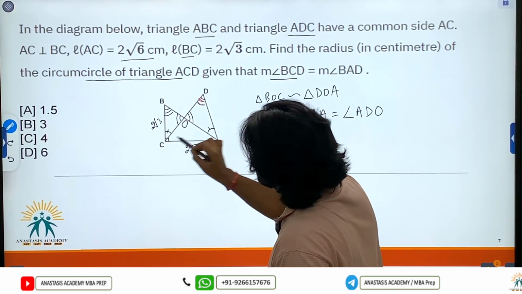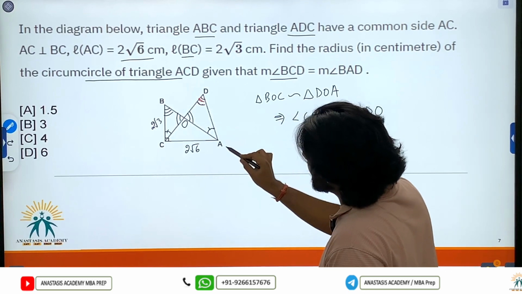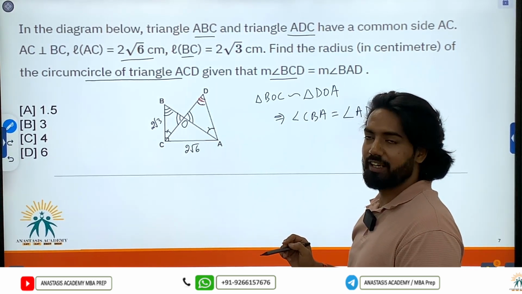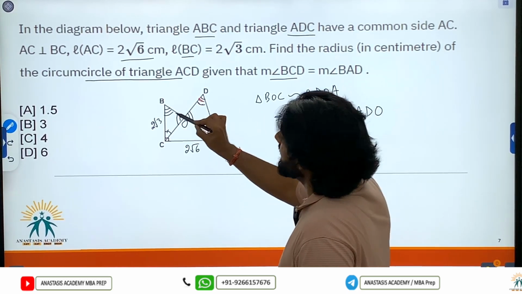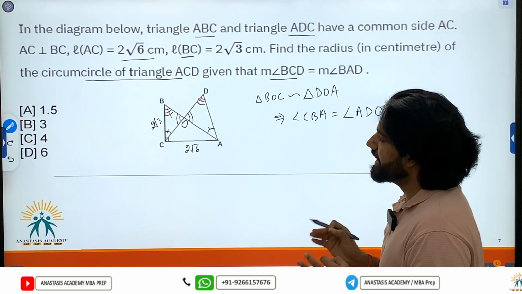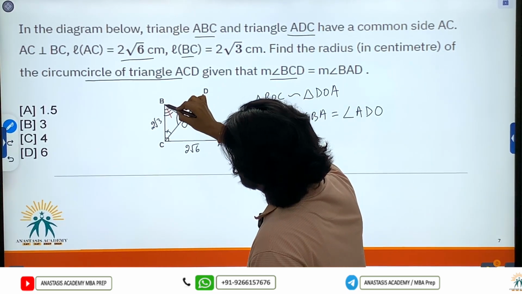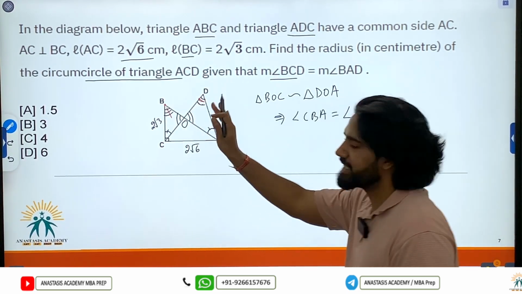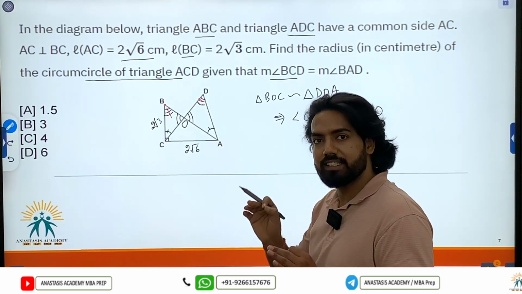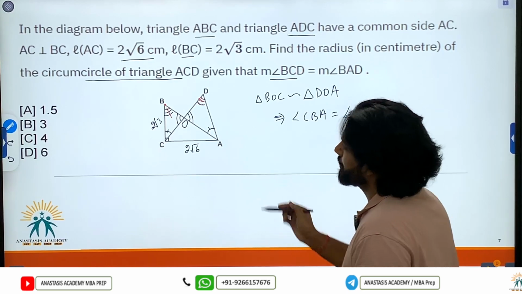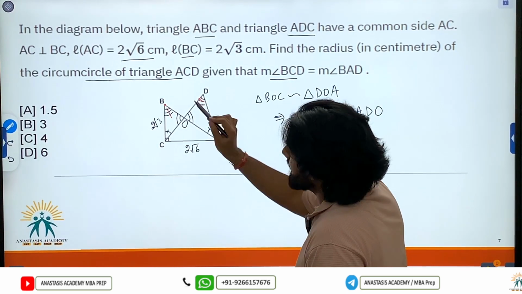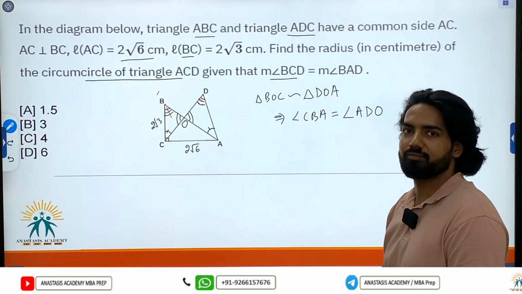This chord AC is subtending angle ADC at the circumference, and this angle is equal to this angle. So point B must also be lying on the circumference of the same circle. The circumcircle of triangle ADC would be passing through point B.